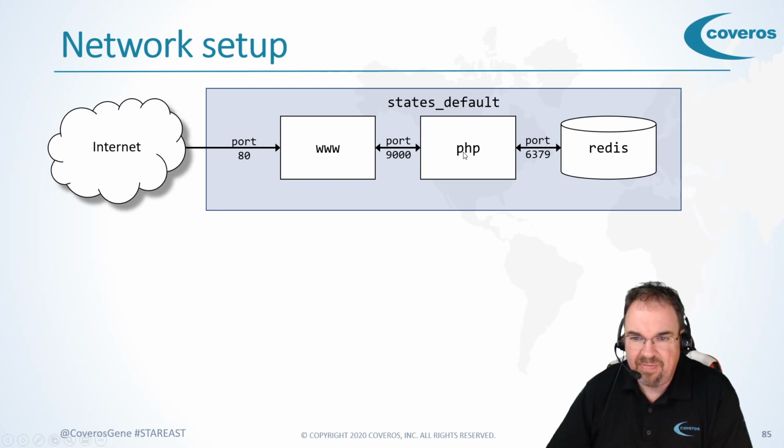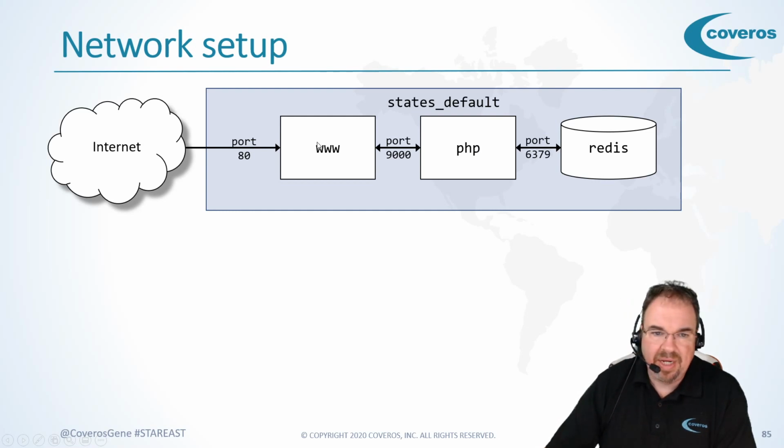PHP was running the FPM version, opens up port 9000 to www. The configuration we had here for www said, hey, if you get anything that ends in PHP, send it over to port 9000 to the PHP, and let PHP handle it so it's dynamic, right? And we were accessing it all from the internet on port 80, right?